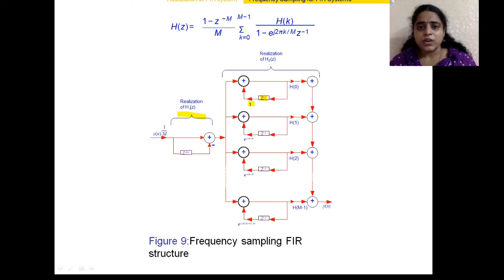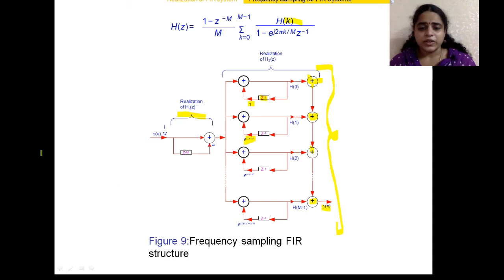If you substitute k equal to 1 here, h of 1 divided by 1 minus e power j 2 pi by M into z inverse, so the coefficient of z inverse will be e power j 2 pi by M. This has come here. Like this, the entire realization will happen. Finally, because of this summation, each and every sample gets added here to form y of n.